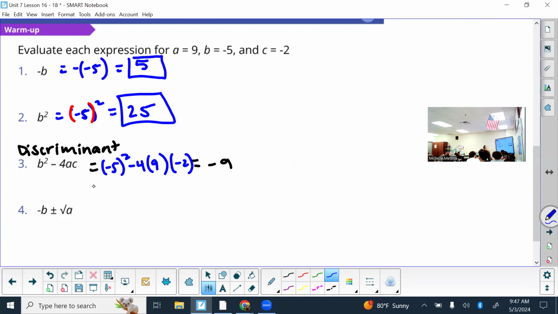Now we're going to simplify it. And again, I would put that all in the calculator, but let's do it by hand. What's -5 squared? Positive 25. You multiply before you subtract.